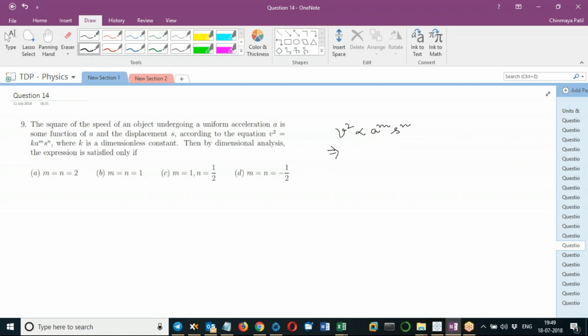So from here we can write that v square is equal to k into a power m into s power n, where k is a proportionality constant.